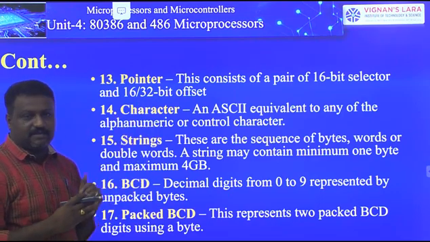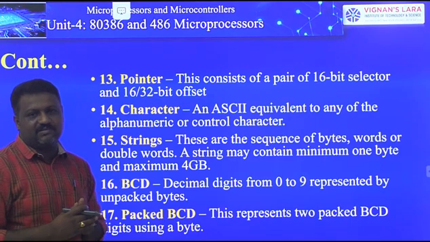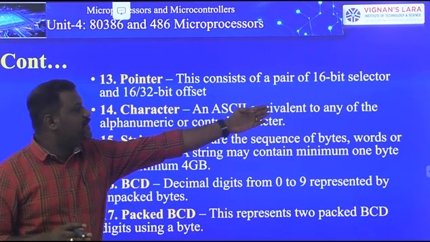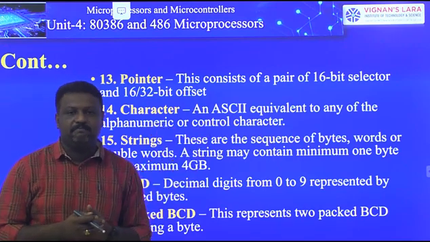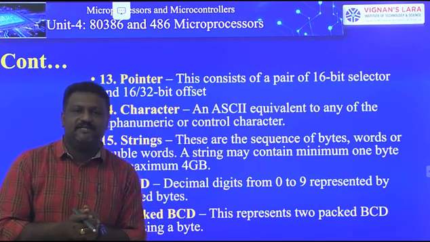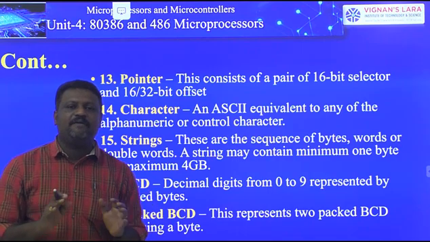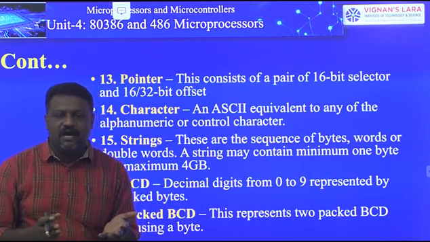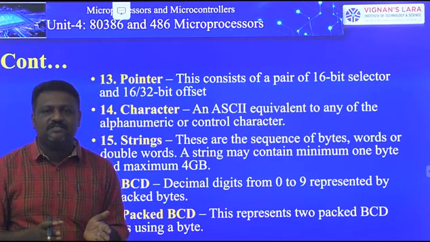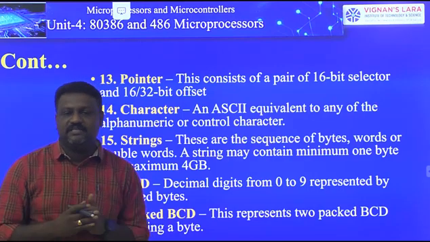Next, 14, a character. Character is nothing but ASCII. So it is an ASCII equivalent to any alphanumeric or control character. If you refer to your keyboard, guys, all keyboards have different keys. In that we may find numerical keys, or some special character keys, or different alphabet keys.